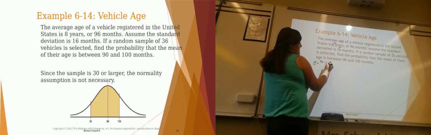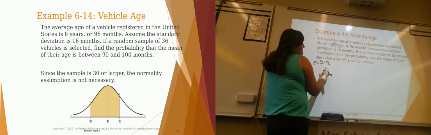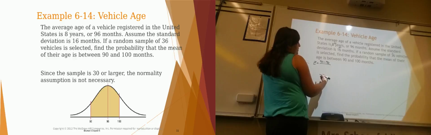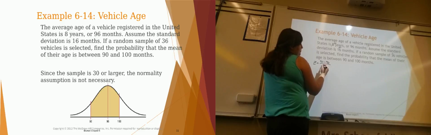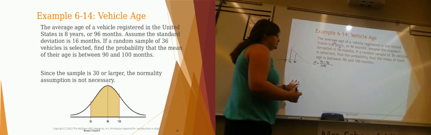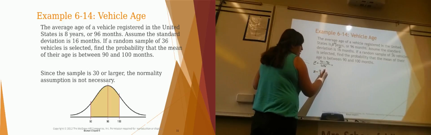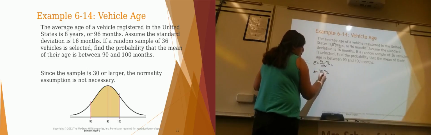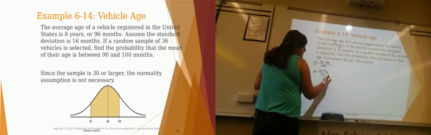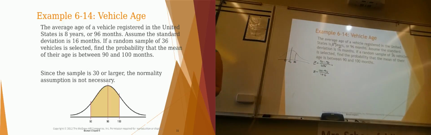So 90 minus my mean of 96. That one's going to get us our negative number. I'll check all your calculations this time too. So I'll have 16 divided by the square root of 36. That number at least works out nicely. We will do the same for 100. So I'll have 100 minus 96 over 16. I'm just going to write times 6 because we can tell what the square root of 36 is.